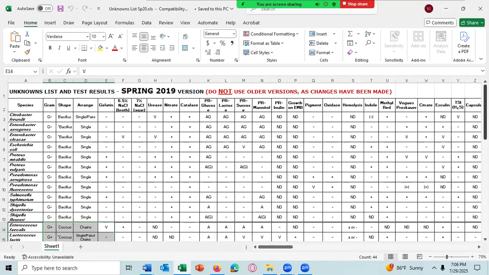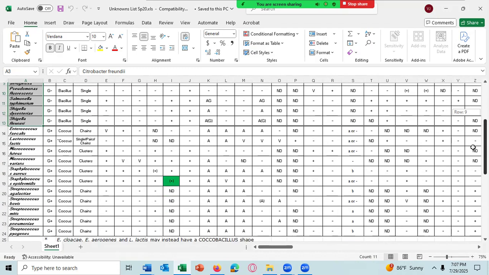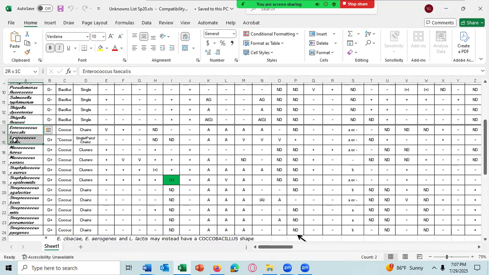Here are the possible species in this unknown list file. What is that, about 12 of them right there, maybe 11? Those are gram negatives. These are the gram positives, another 11 or 12 species.